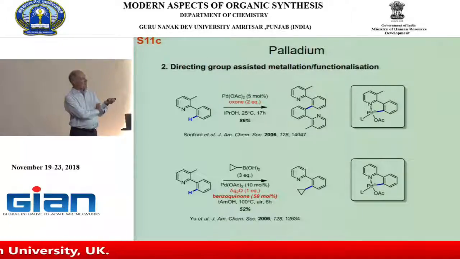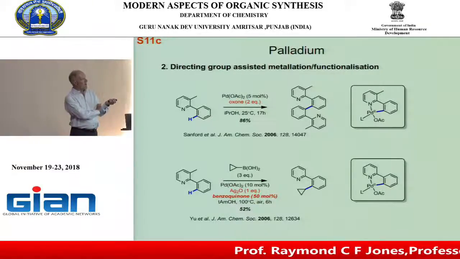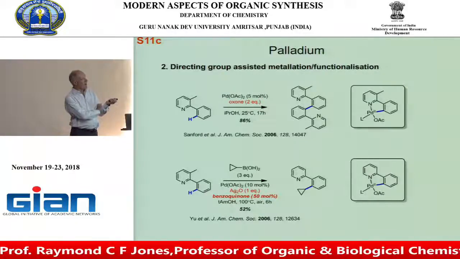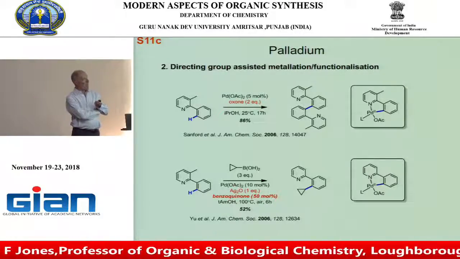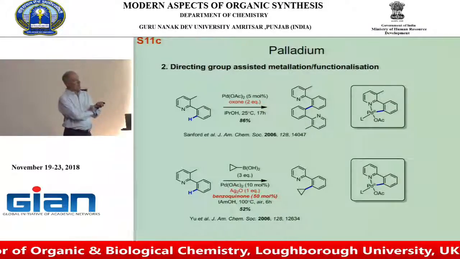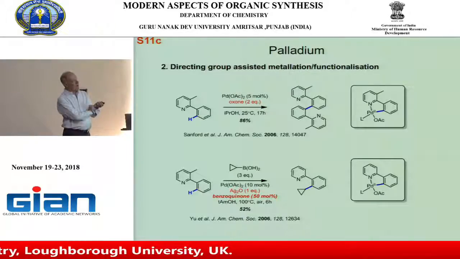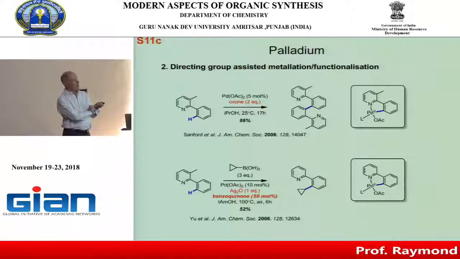But it's that position rather than any of the others around that benzene ring, because that's the ortho position to the nitrogen carrying substituent. And it's believed, therefore, that at some stage you've got the nitrogen guiding the palladium in to activate that position, possibly via an electrophilic substitution mechanism.